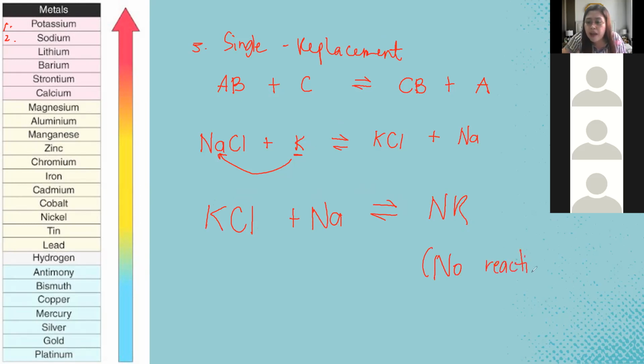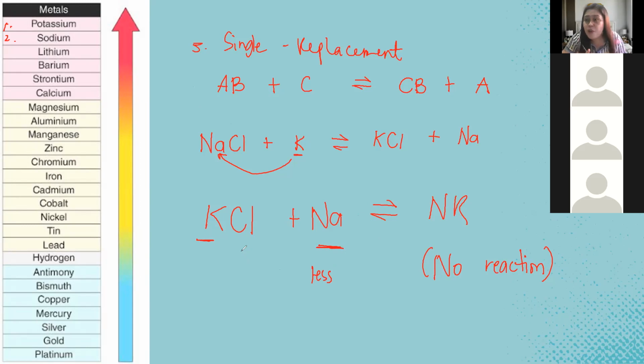So kahit pa ipaghalo natin si potassium chloride at si sodium, walang reaction na mangyayari. And what is the reason for this? The reason for this is that sodium is less reactive compared to potassium. So kasi less reactive siya, class, hindi niya talaga matatalo si potassium dyan. Kaya walang replacement na mangyayari.